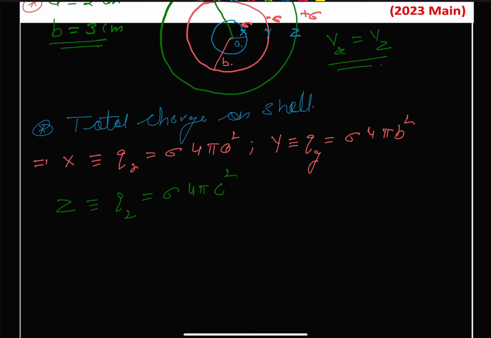We are given potential at Z is equal to potential at X, so we are going to use that condition.